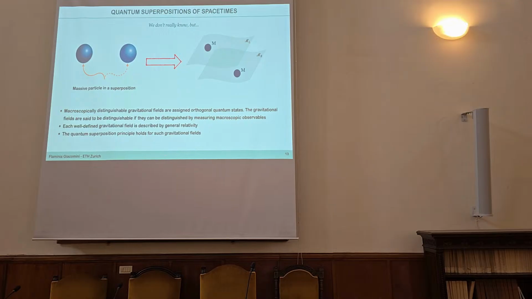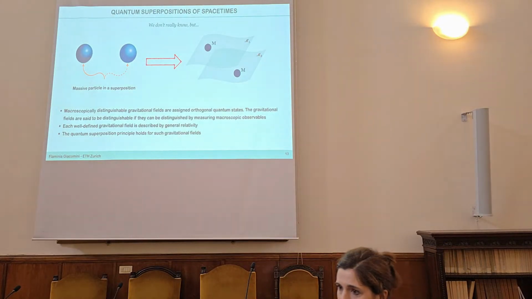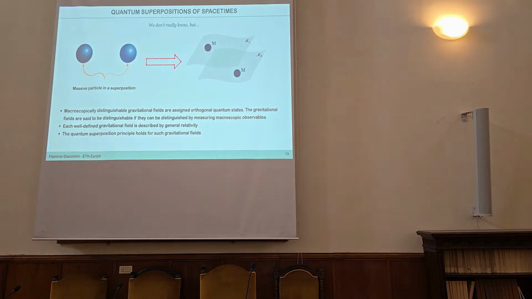In particular, that you associate orthogonal quantum states to macroscopically distinguishable gravitational fields, that each well-defined gravitational field is described by general relativity, so in each one of these manifolds I can use GR, and that the quantum superposition principle holds for such gravitational fields. There we do not know how to physically identify this regime in the most general situation, but again, we have situations that are physical, and we can say that this corresponds to the requirements that we have here on the right-hand side. Okay, this is all I wanted to say about that.